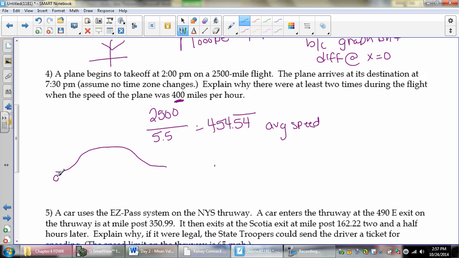So you had a speed of 0 when you started, you had a speed of 0 when you landed, and your average speed is 454 miles per hour. So that means you had to go from 0 miles per hour, get up to 454, and then get back down to 0 miles per hour. There's 400 miles per hour in between there. That's a theorem that I know you talked about last year in pre-calc, and that's called the intermediate value theorem.